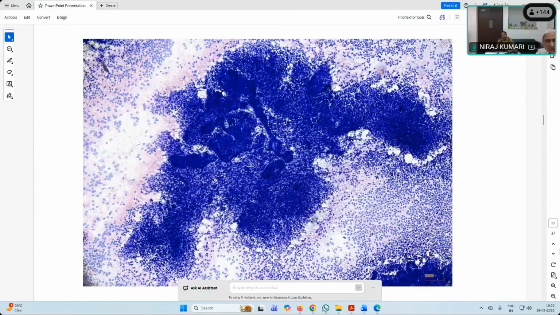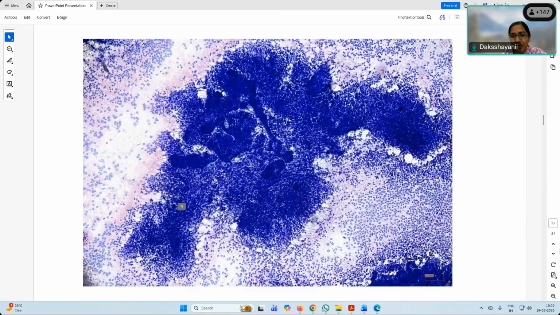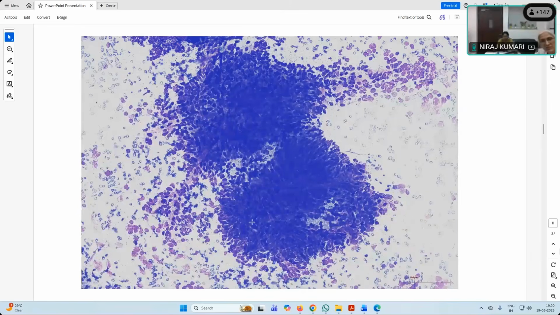Spindle-shaped? Okay. What are these structures? These are cohesive structures, no? They're forming some kind of pattern or structure here. Papillary pattern. Not sure at this power because this is low power. So let's move to higher power here.